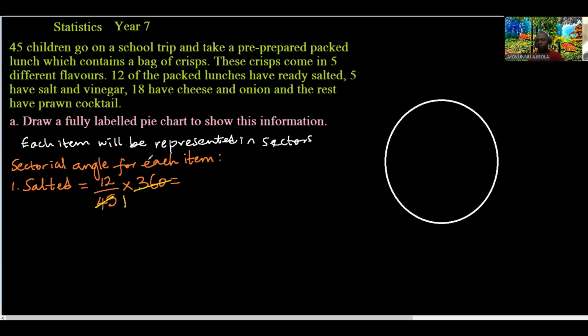So 8 pieces of 45 will be 360. So that means 45 in 360 should be 8. Now, what I need to multiply is 12 times 8. What is 12 times 8?